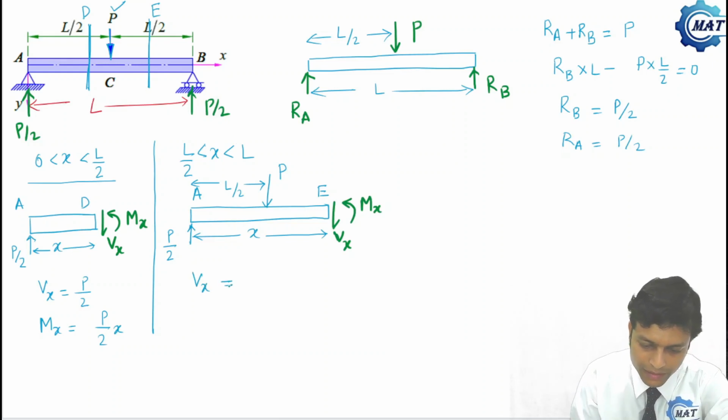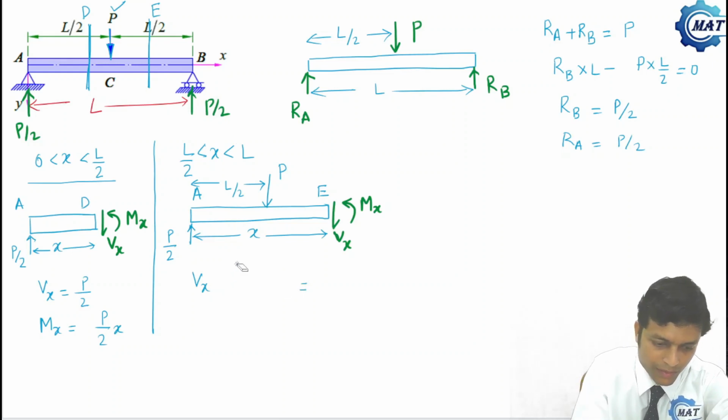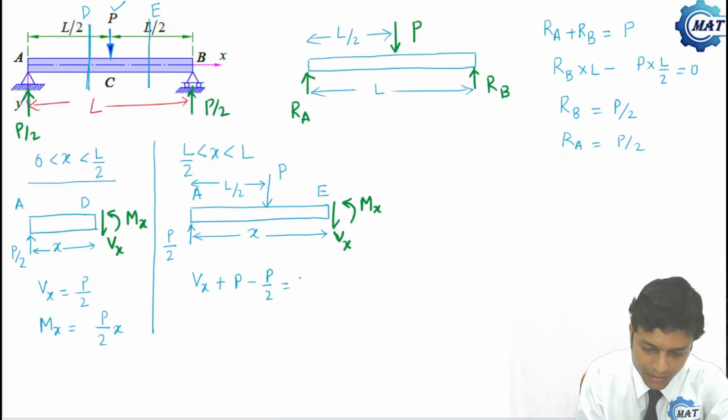Now what is Vx? Sorry, I'm extremely sorry, let me write it down once again. Vx plus P minus P by 2 is 0.